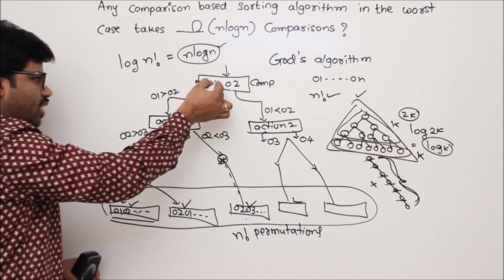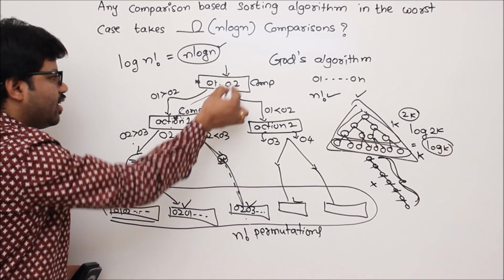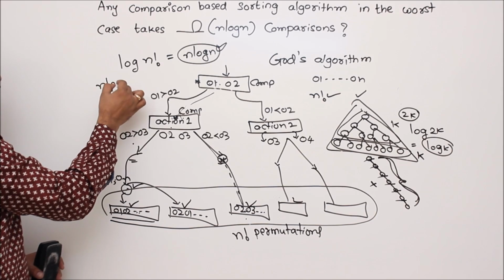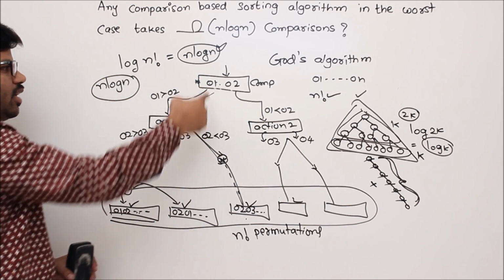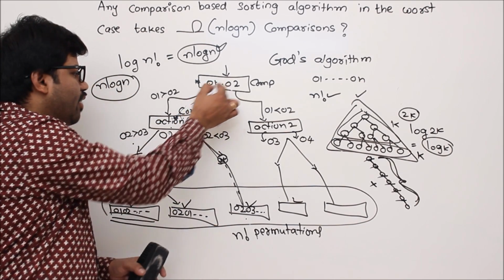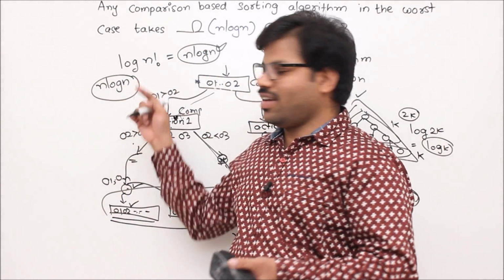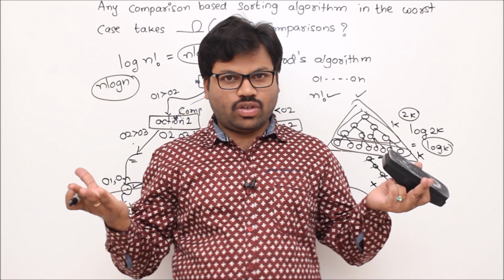In the worst case you have to go through one lengthy path, and that is nothing but the height of the tree. The number of comparisons equals the height of the tree, because in every level you are doing one comparison. If your tree height is n log n, then that many comparisons sometimes you should do.